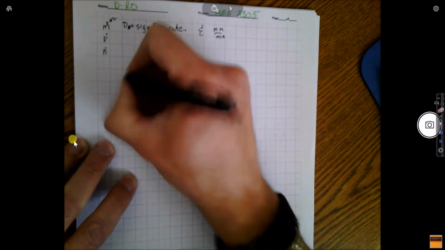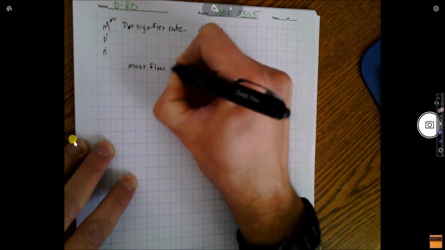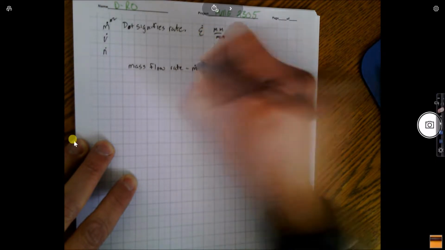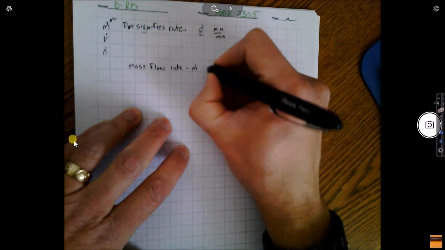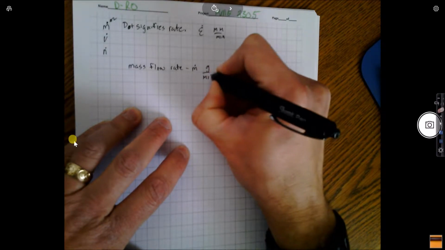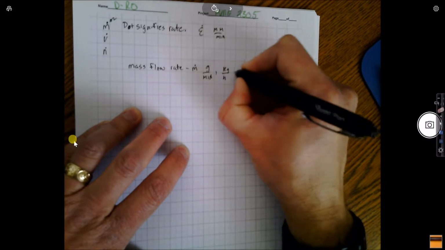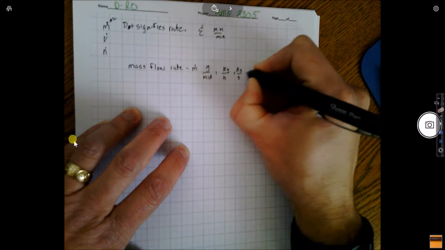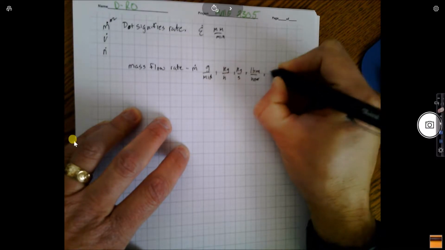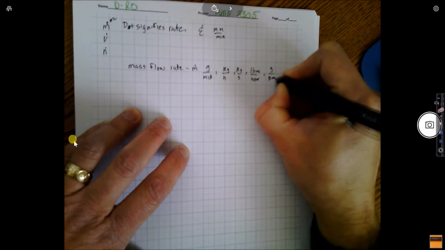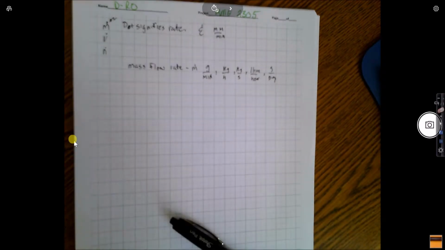So let's start off with mass flow rate, M. Example units would be grams per minute, kilograms per hour, kilograms per second, pounds mass per hour. We could do grams per day. Any unit of mass over unit of time would essentially be a mass flow rate.